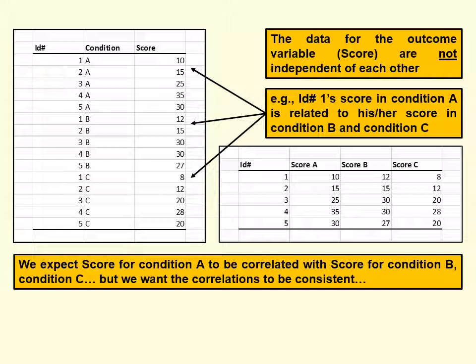Here's our more traditional wide format data, and you can see again that we expect there to be some sort of correlation or covariation. Correlation is just standardized covariation between score for condition A and condition B and condition C, because again, they're the same people. And you can see here that person number 1 tends to score relatively low across all 3 conditions, even though he or she is maybe showing some sort of treatment effect.